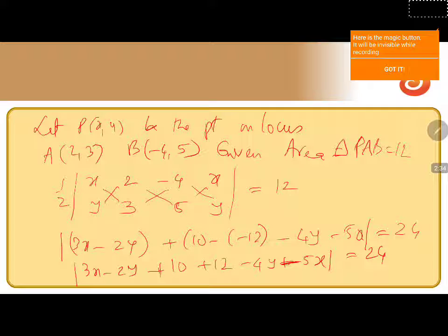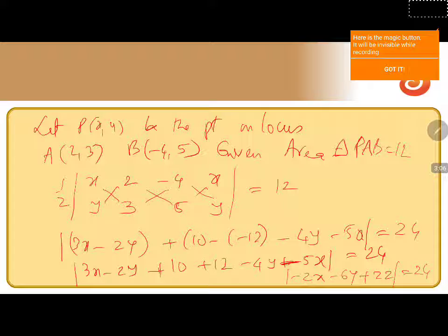So here I will get 3x minus 5x is minus 2x. Minus 4y minus 2y is minus 6y. 10 plus 12 is 22, is equal to 24.